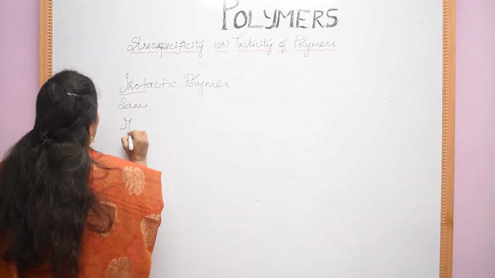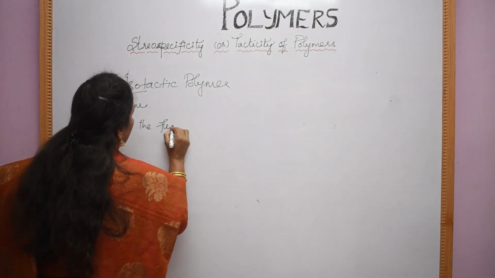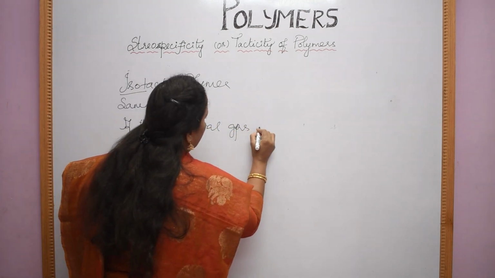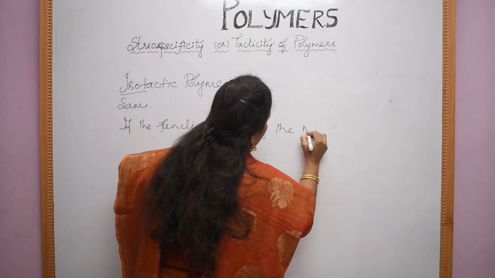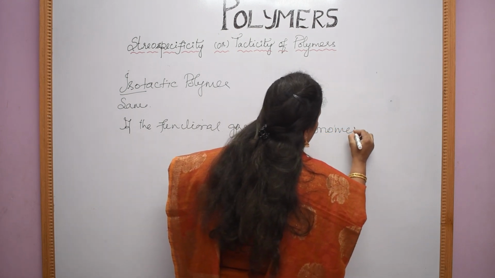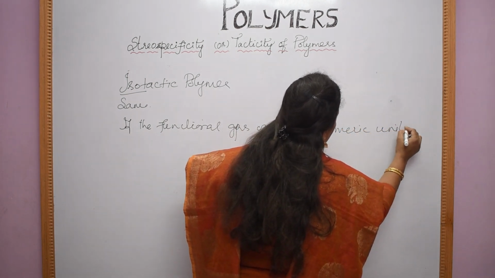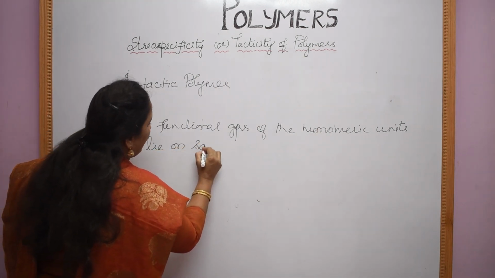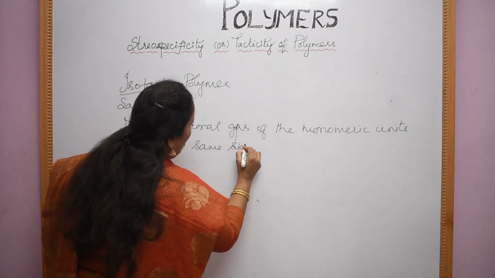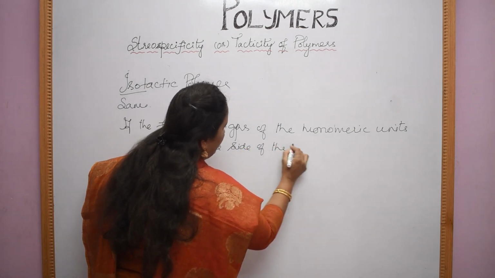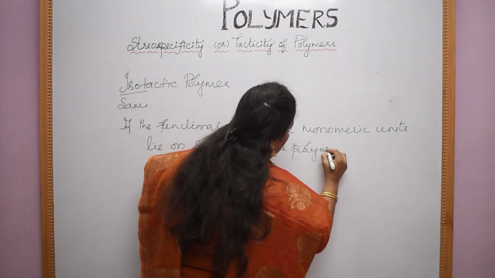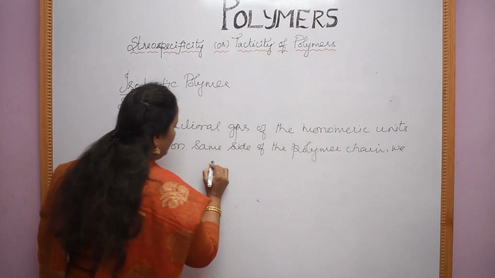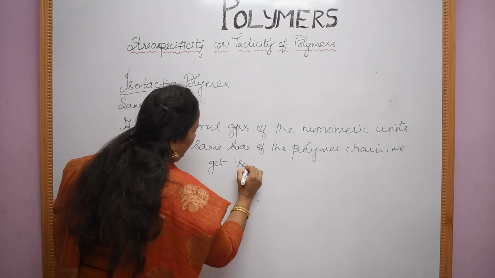If the functional groups of the monomeric unit lie on the same side of the polymer chain, we get isotactic polymer.